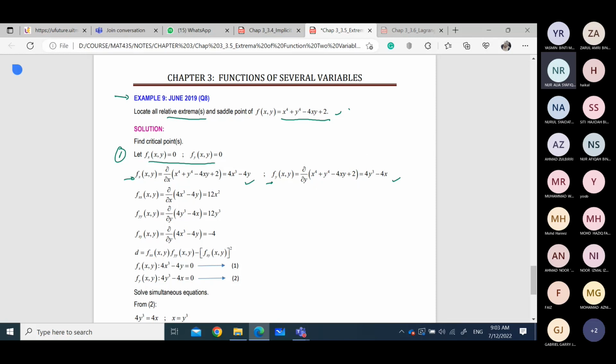Okay, this is the partial derivative. Next we have two equations. The first equation is 4x cubed minus 4y equal to 0. And the second equation, which is based on the first order derivative with respect to y, is 4y cubed minus 4x equal to 0. Okay, so we solve the simultaneous equations.